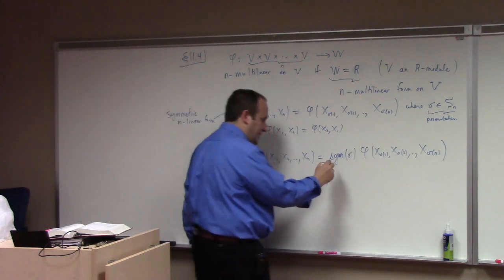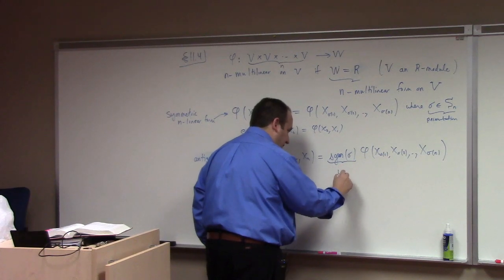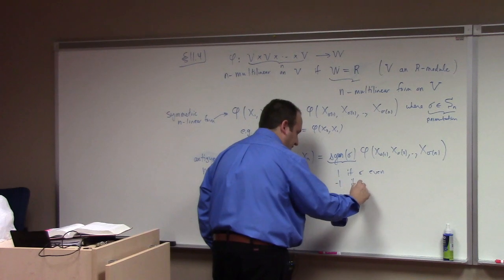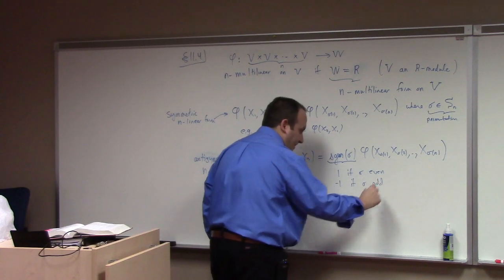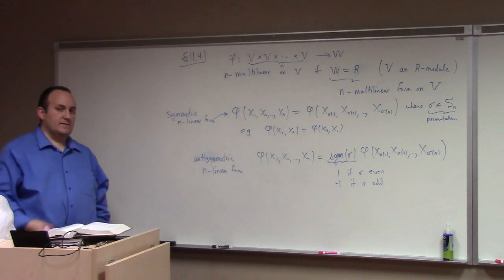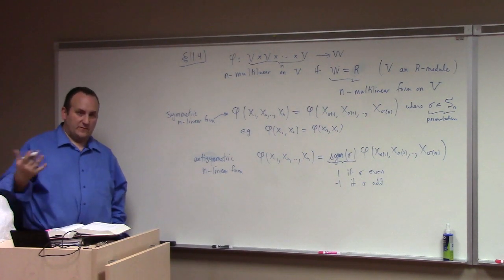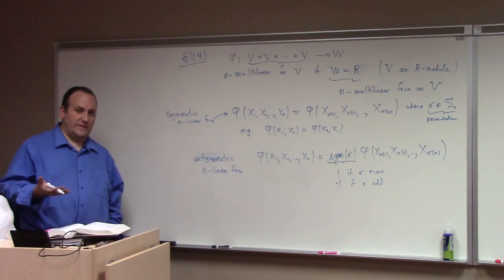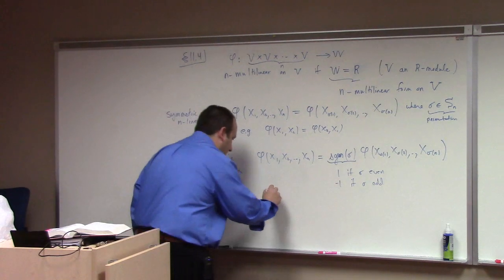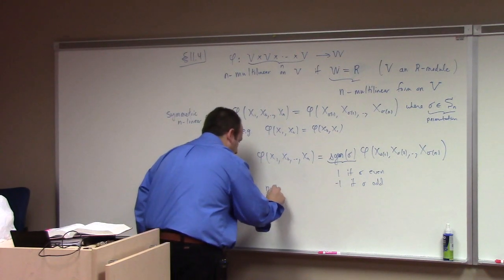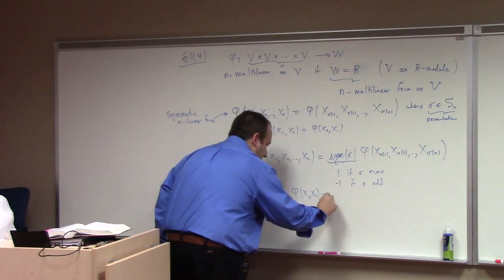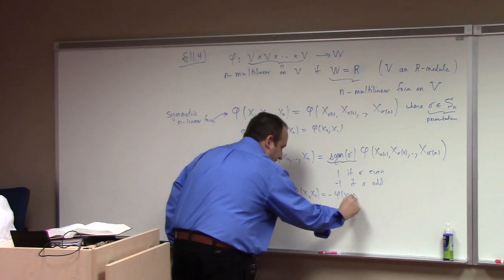Now the sign of sigma is 1 if sigma is even and minus 1 if sigma is an odd permutation. So in the case of a bilinear form, there's just one thing to say. An antisymmetric form has phi of x1, x2 equal to minus phi of x2, x1, and that's it.